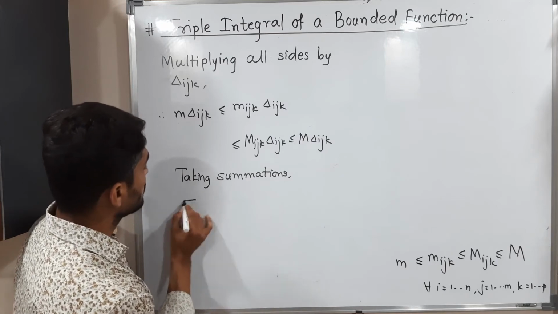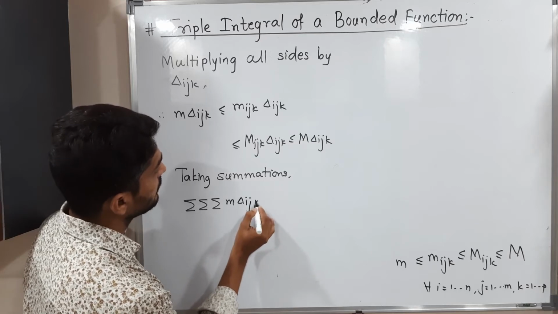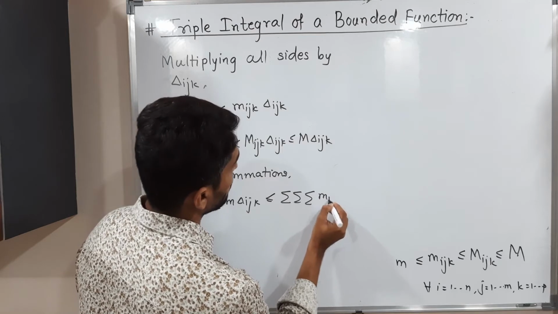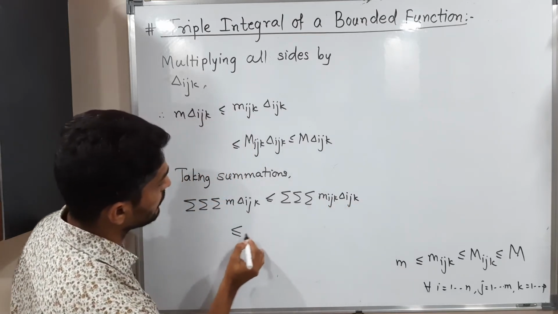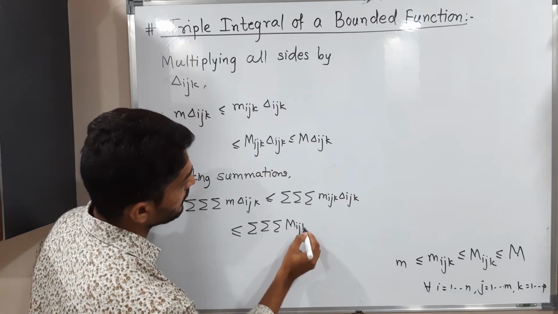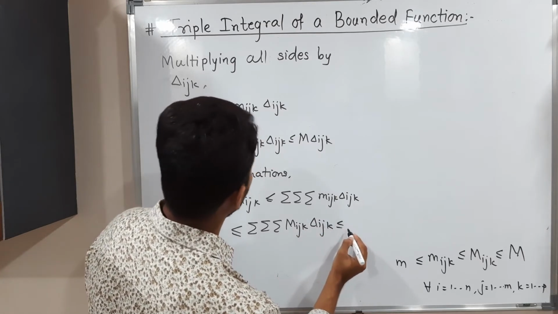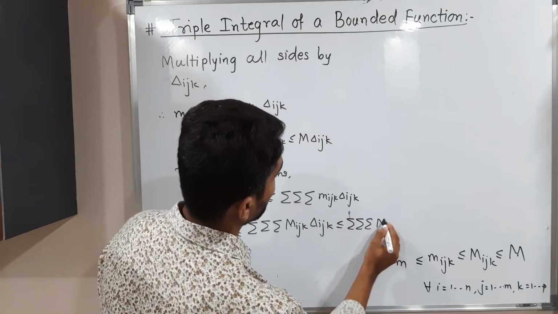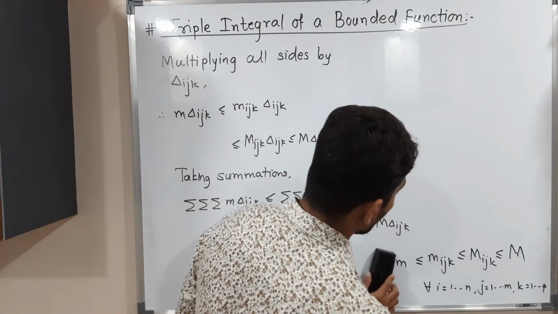So the summation of m delta Ijk is less than or equal to the summation of small mijk delta Ijk, less than or equal to the summation of capital Mijk delta Ijk, and less than or equal to the summation of capital M delta Ijk.